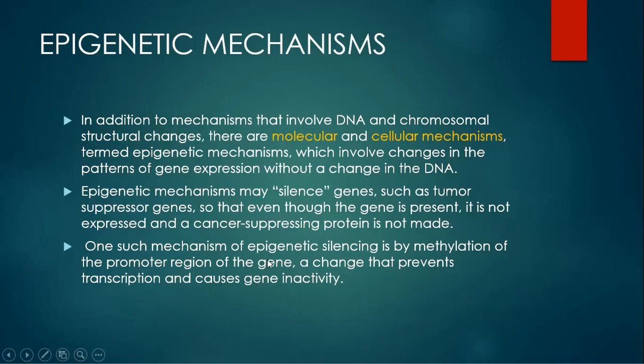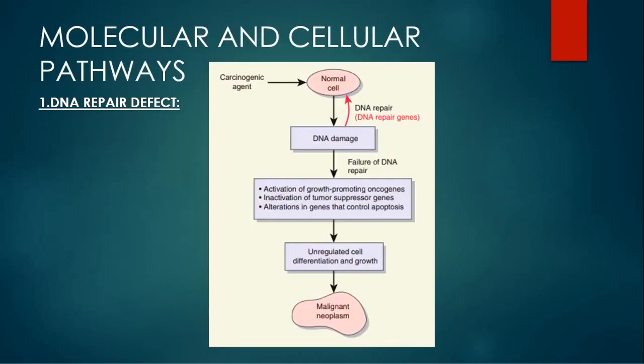An example of epigenetic silencing is methylation of the promoter region of the gene, a change that prevents transcription and causes loss of gene activity.